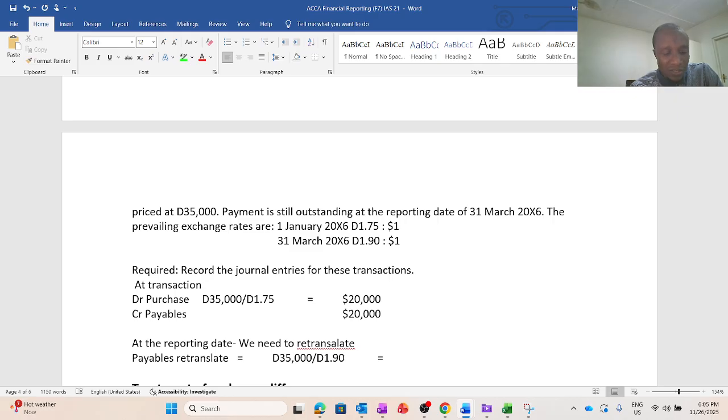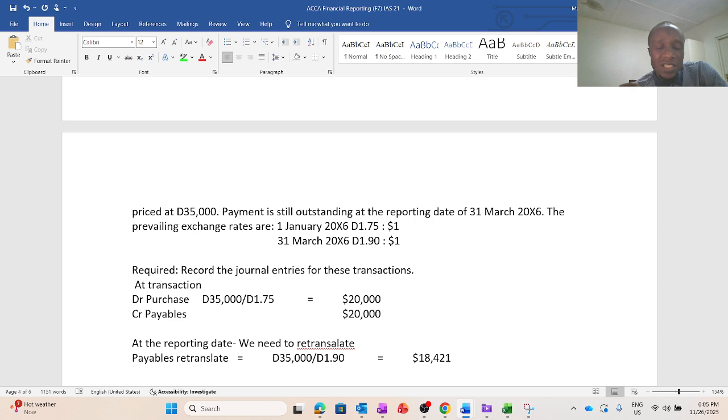So now 35,000 dirham divided by 1.90. So the amount in dollars is 18,421. So this is the amount.